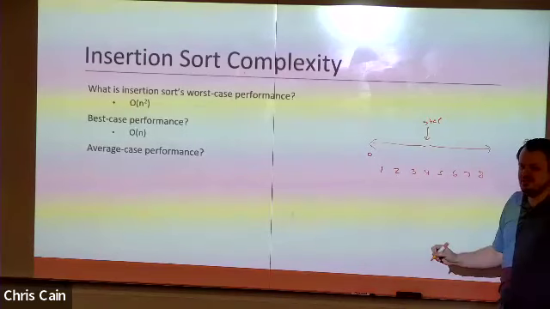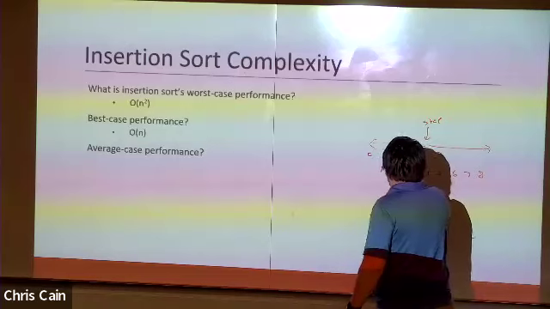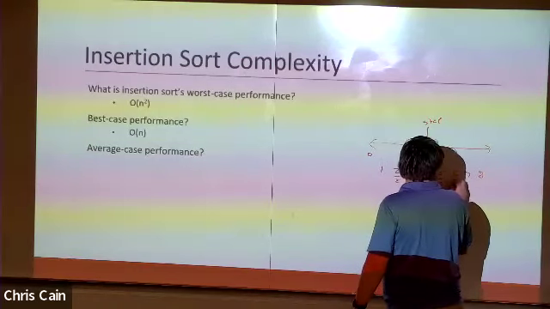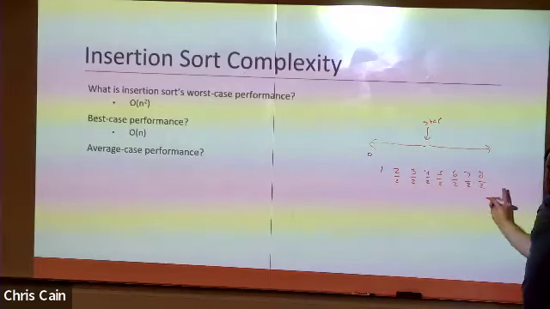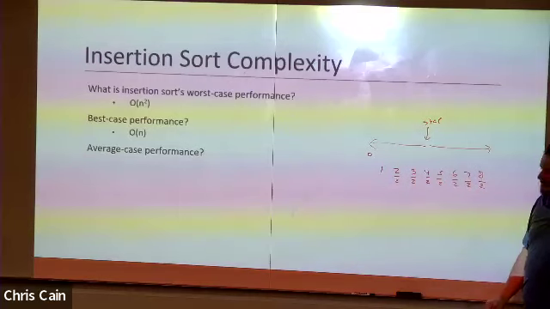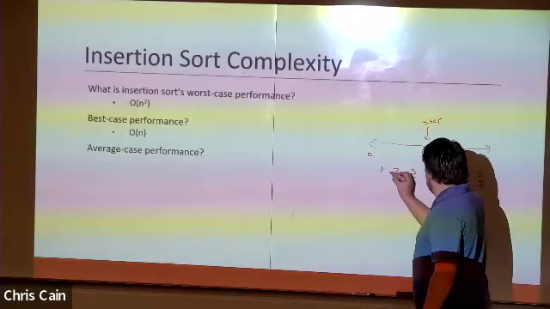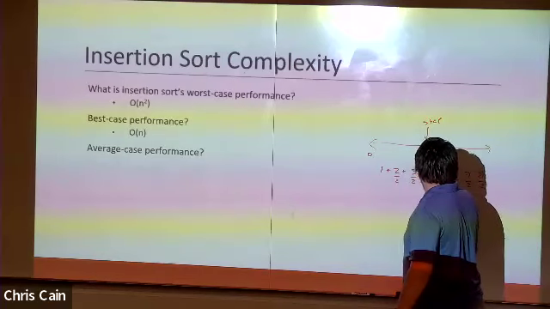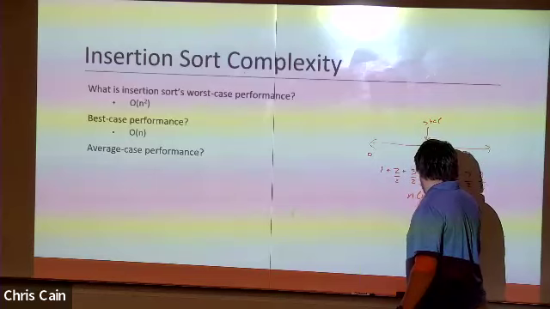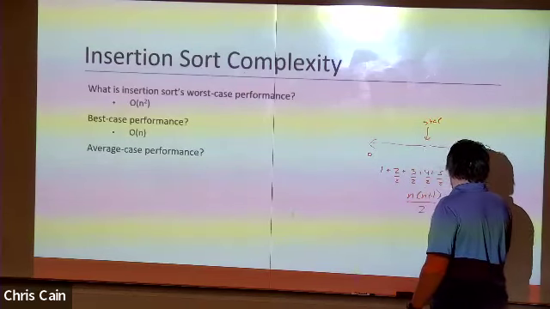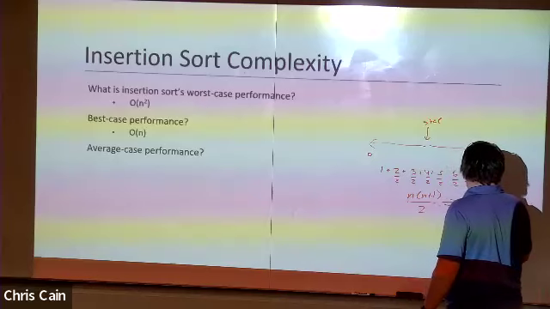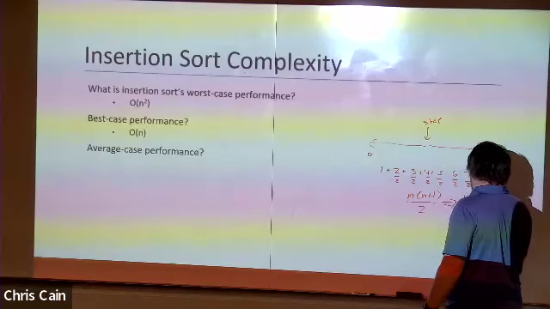So for the number of comparisons we need to make here, we just start dividing these things by 2. If you divide each element of a sequence by 2, you can just sum the whole thing and divide that by 2. So this is going to turn this sum from n times n plus 1 over 2 to n times n plus 1 over 4, or 2 times 2, which is 4.